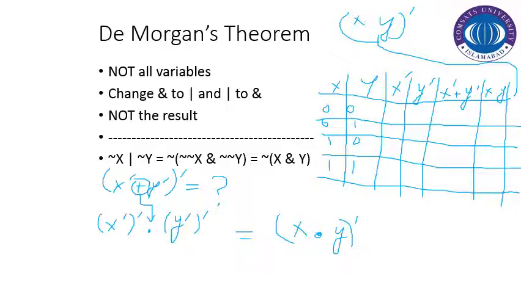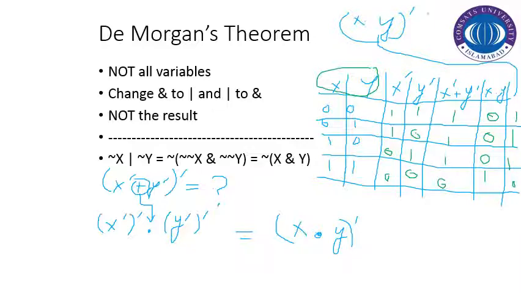And now the x prime will be 1 1 0 0, y prime will be 1 0 1 0, and x prime or y prime will be 1 1 1 0, and x into y. Basically now we are focusing on these two combinations, that is basically the AND operation, that is equal to 0 0 0 1, and if we invert that output, that is equivalent to 1 1 1 0.